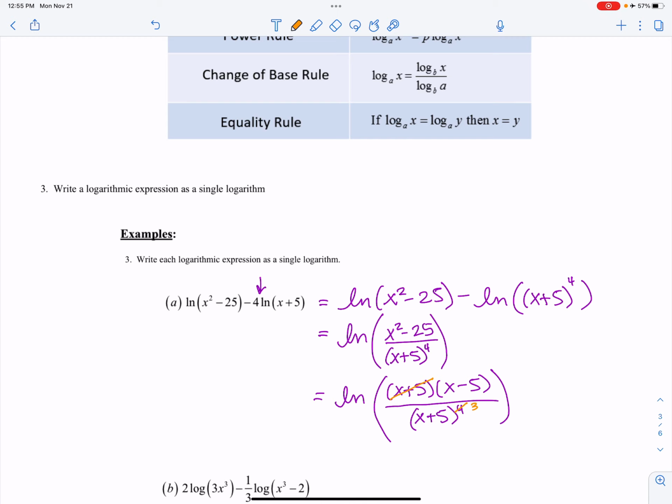So we can reduce this. We're reducing our fraction. So now we've got, on the top, an x minus 5, and on the bottom, x plus 5 to the third. And that's still inside of our natural log. And now we are done.